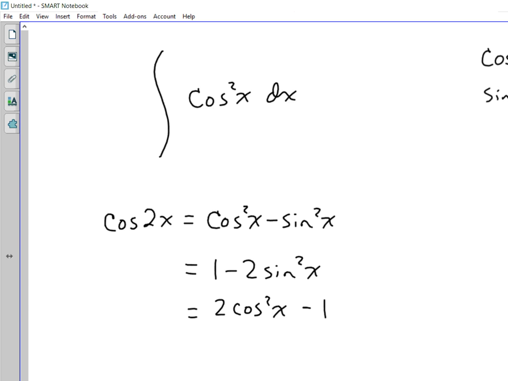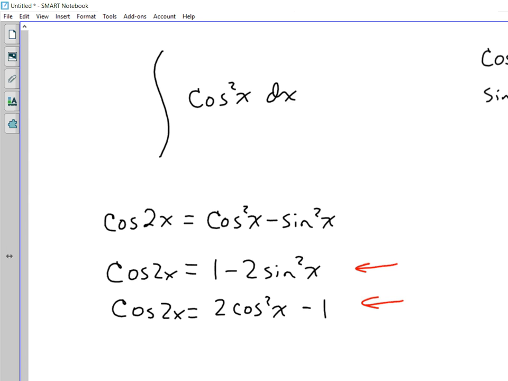Now, these two bottom ones are the ones that are most particularly interesting to us. I'm just going to write out their full forms right here. Both of those are very useful because on one side of the equal sign, I have a squared thing, and on the other side, I don't.